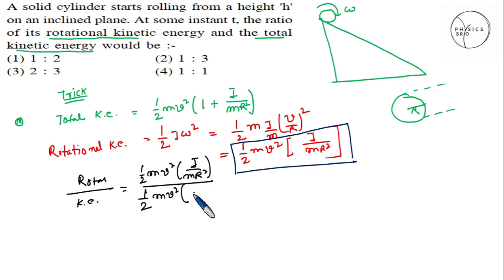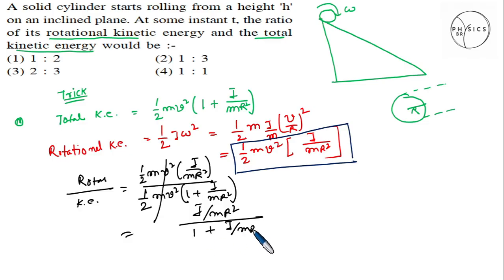The final result is I by m r square divided by 1 plus I by m r square.